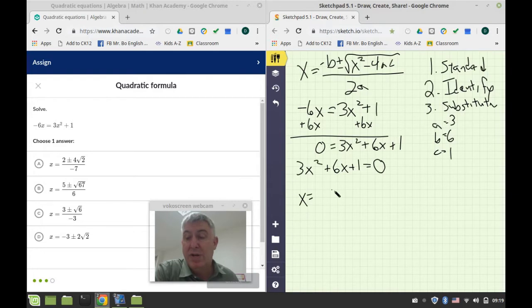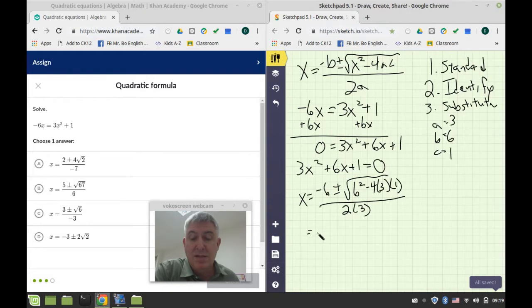X equals, what might be, negative 6 plus or minus the square root of 6 squared minus 4 times 3 times 1, all over 2 times 3. And that is negative 6 plus or minus the square root of 36 minus 12, all over 6.